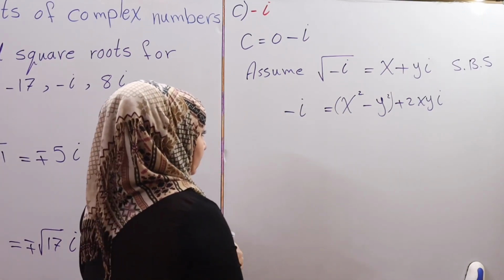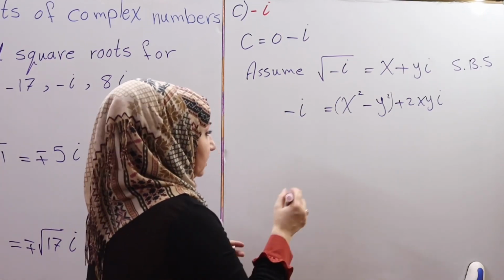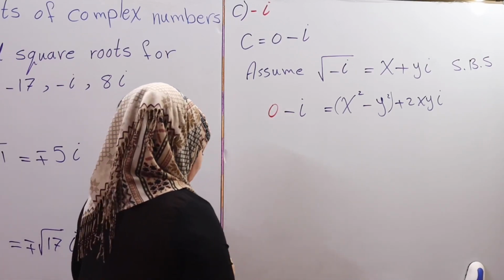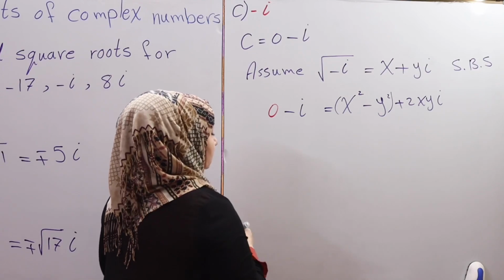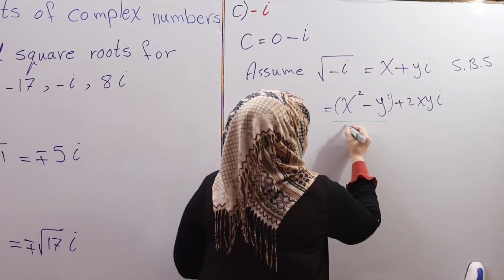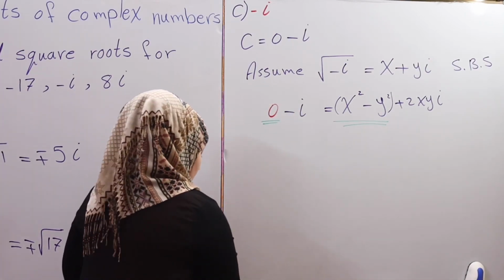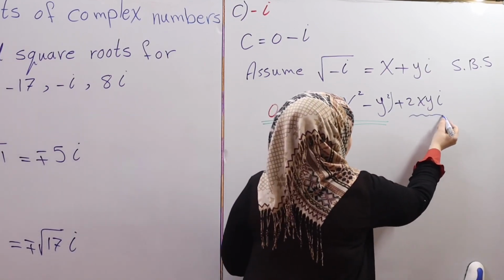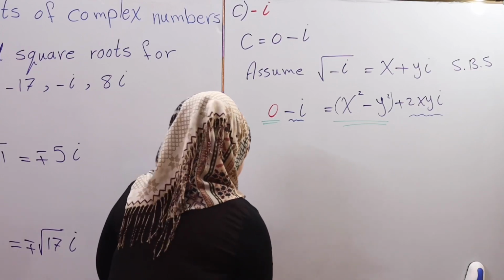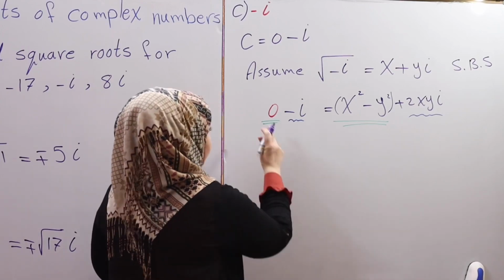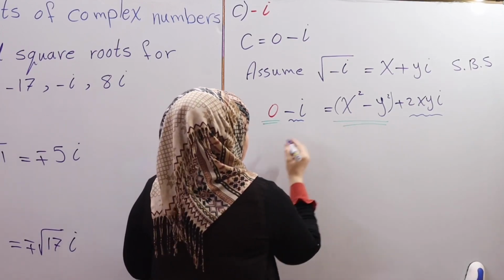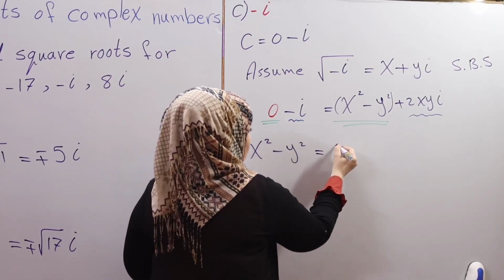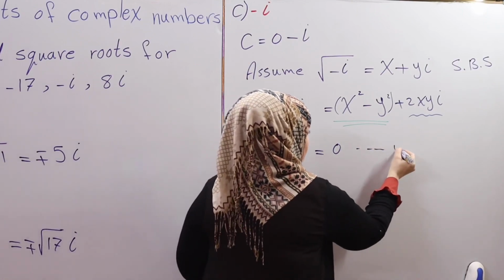Now we have two equal complex numbers. That means the real part equals the real part and the imaginary part equals the imaginary part. So we get two equations. First, x squared minus y squared equals 0.